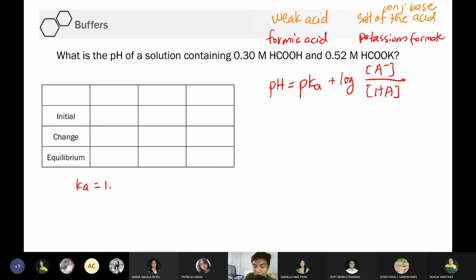Again, Ka is 1.7 times 10 raised to negative 4. Paano mo kukunin yung pKa? Ano yung sabi ko kanina? Basta may letter P, may negative log yon. Okay? So that's just negative log of the Ka.